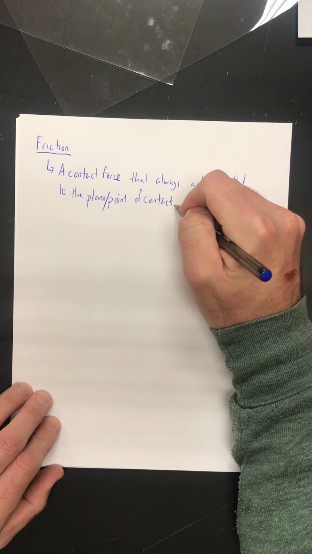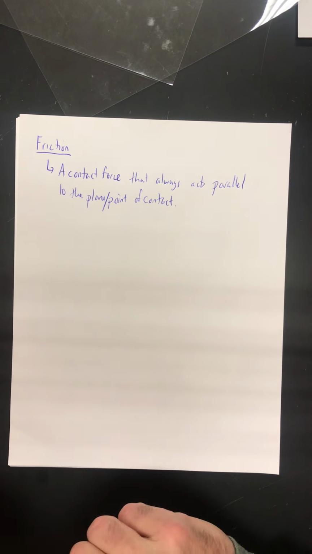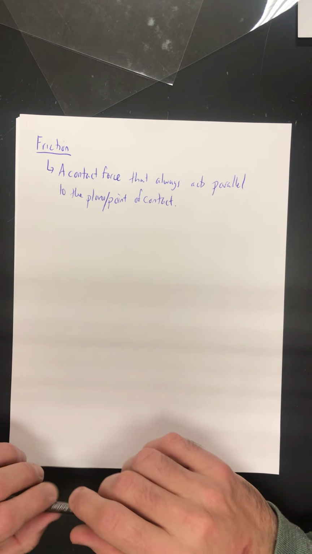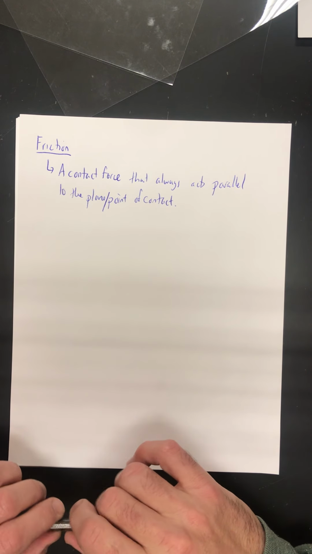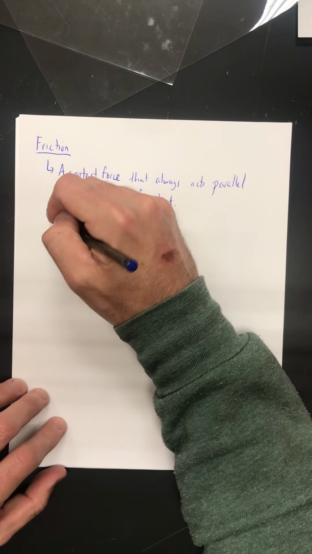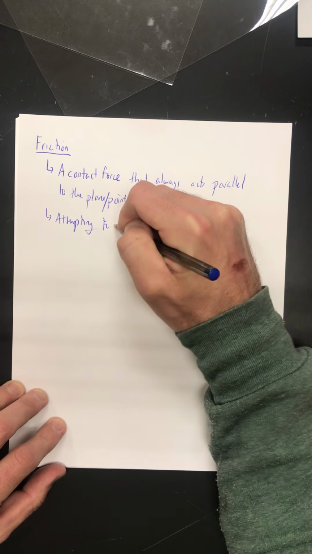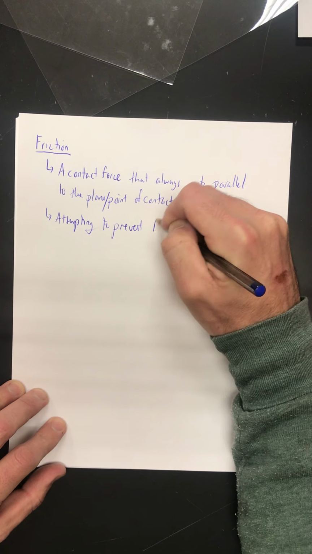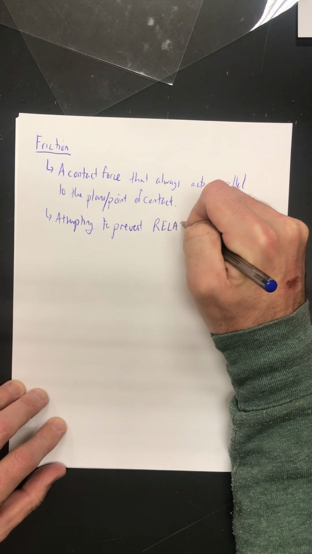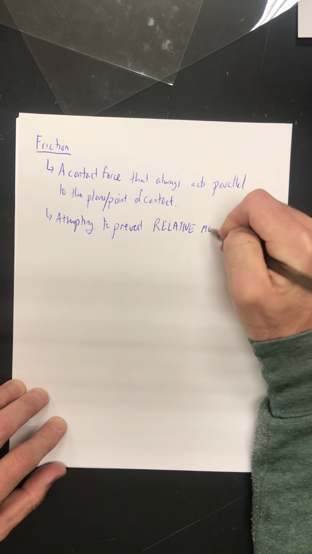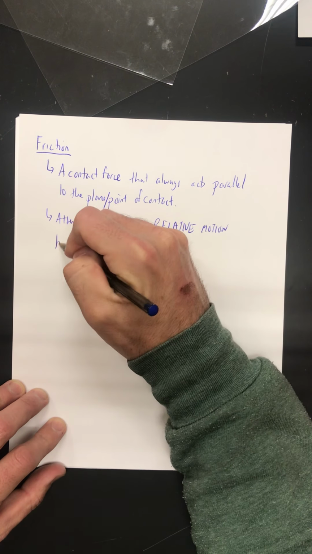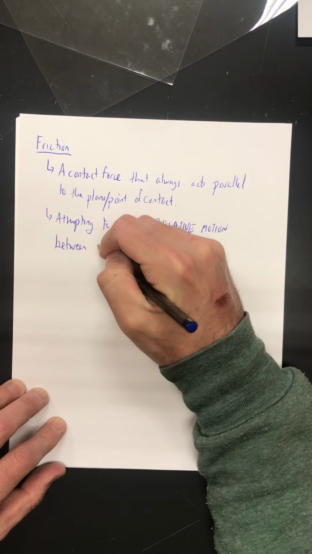So there we go. And what is it that friction does? Well, we could talk about an overall notion that friction is attempting to prevent relative motion between surfaces in contact.